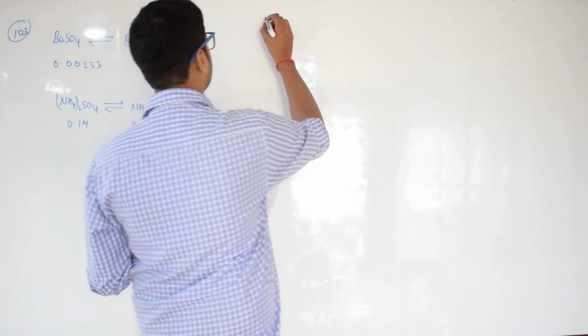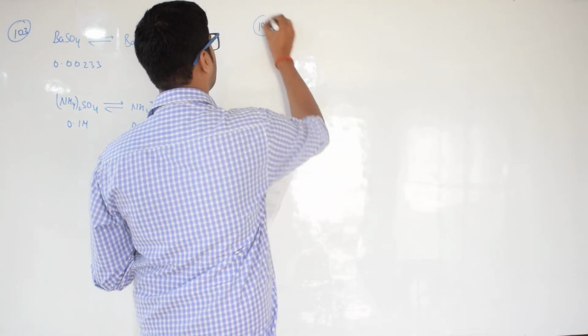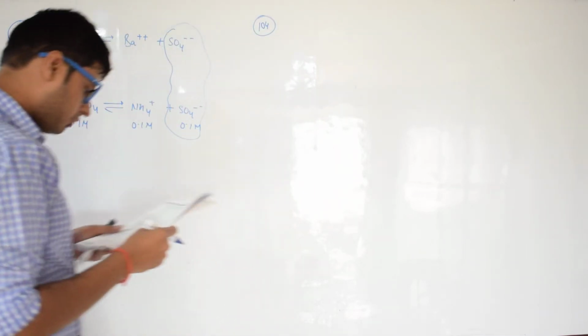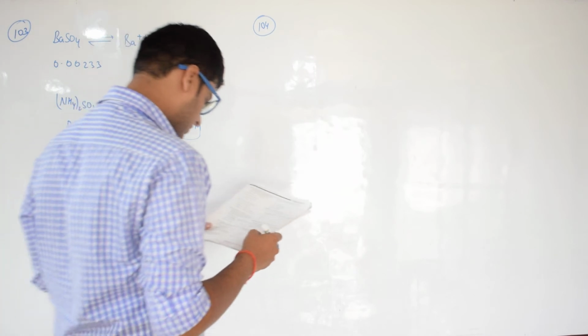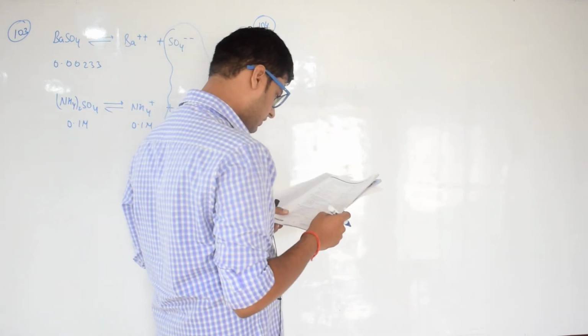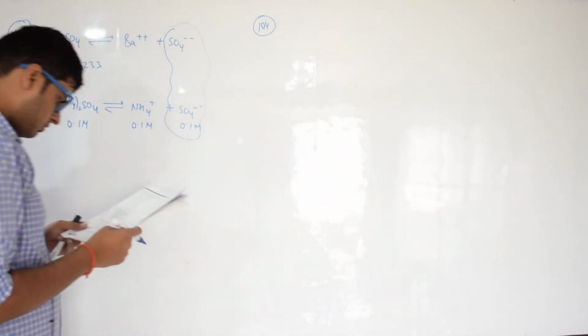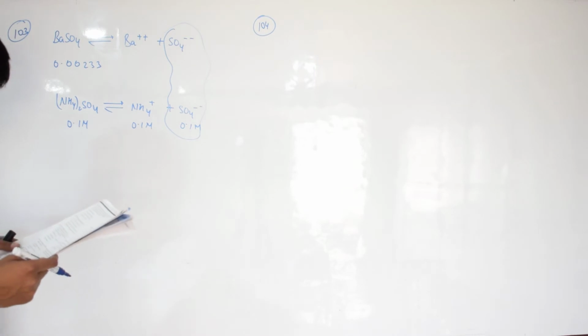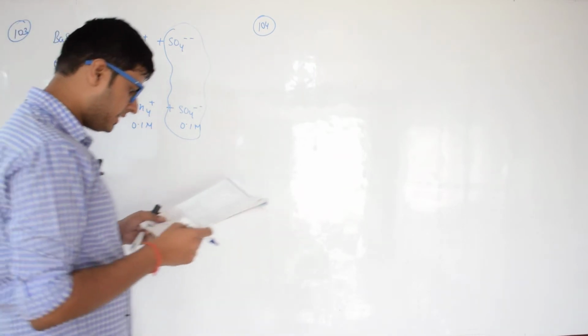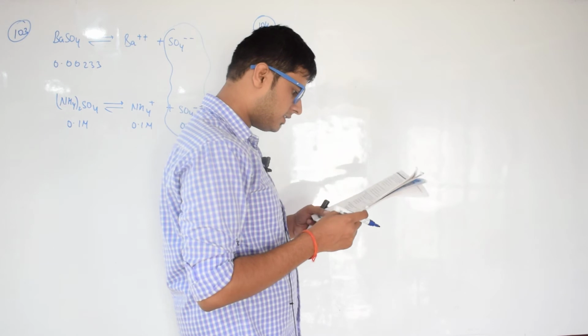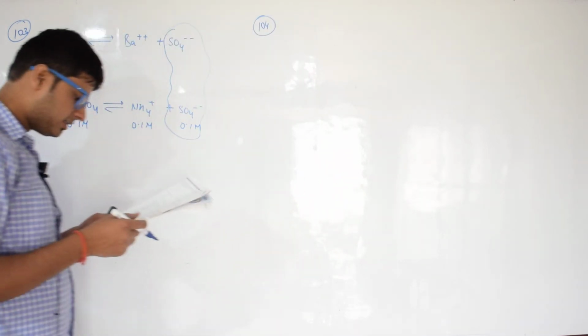Next is question number 104. Which of the following statements about buffer solution is weak? Weak acids and their salts are better as buffer for pH less than 7. Weak bases and their salts are better as buffers for pH less than 7.